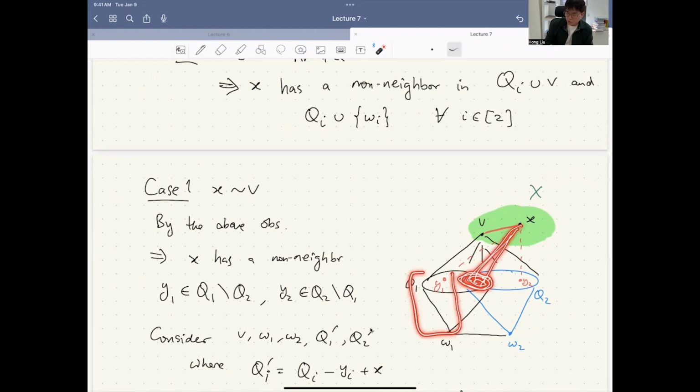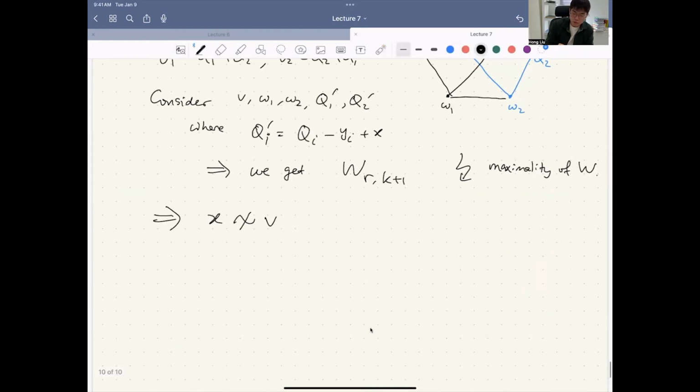So it can only be in these two disjoint sets. So you're missing 1 degree here, 1 degree here, and a third degree here. Together, you miss 3. We are done with the claim.